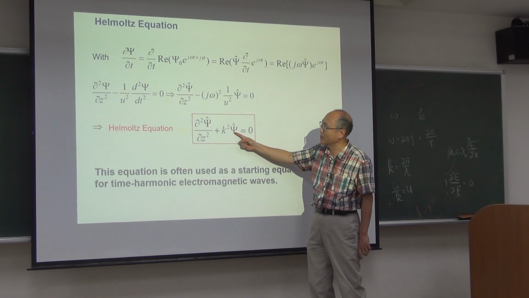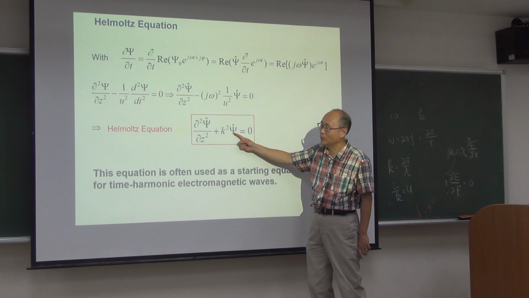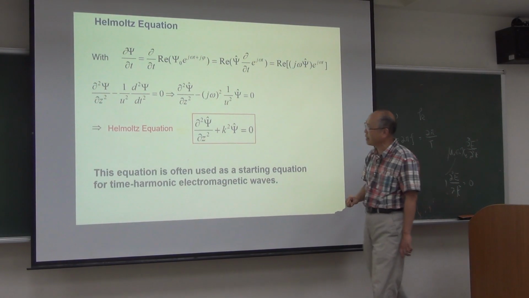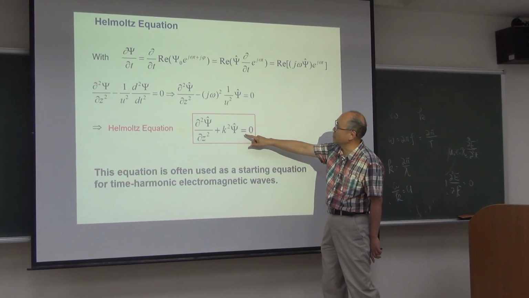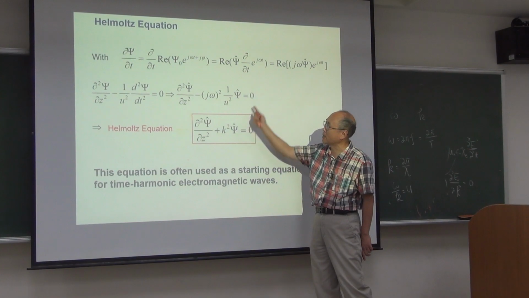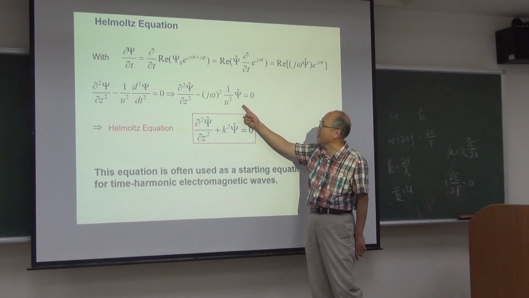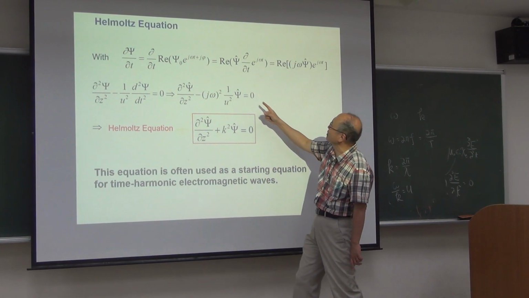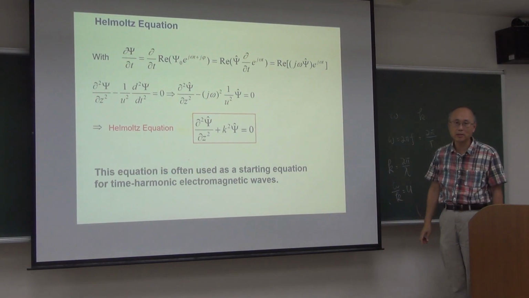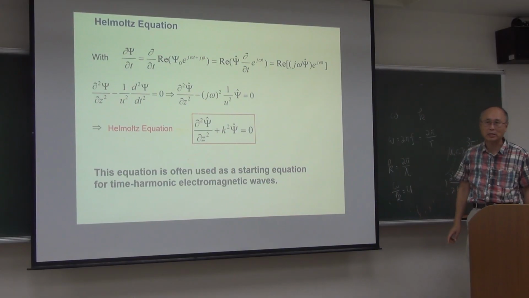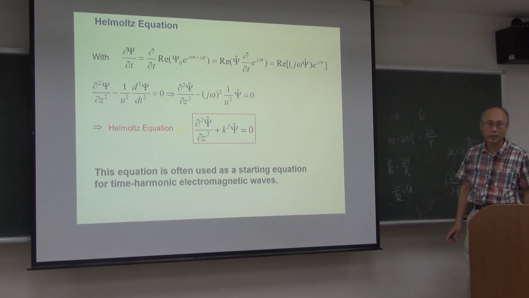Once you have the phasor notation equation, we call it the Helmholtz equation, and then we obtain this solution. Later we're going to convert this back to the real solution by multiplying by exponential j omega t. So this is the mathematical trick that allows you to do a quick calculation.